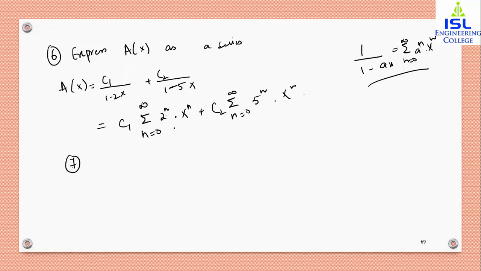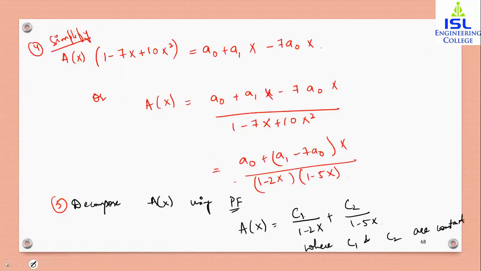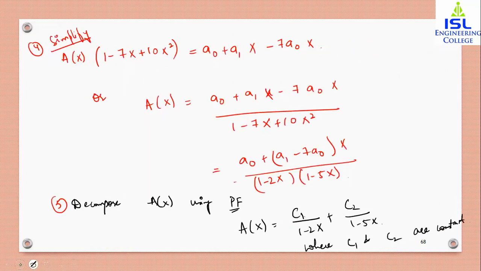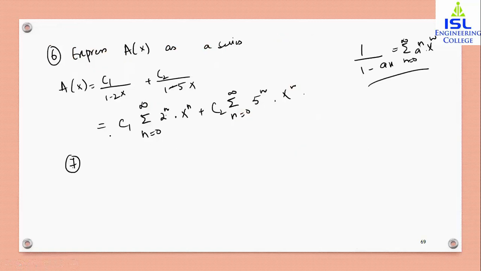A of x was this, and we considered A of x in the first step as sigma n equals 0 to infinity a n into x power n. So what we are doing is writing that a n here.